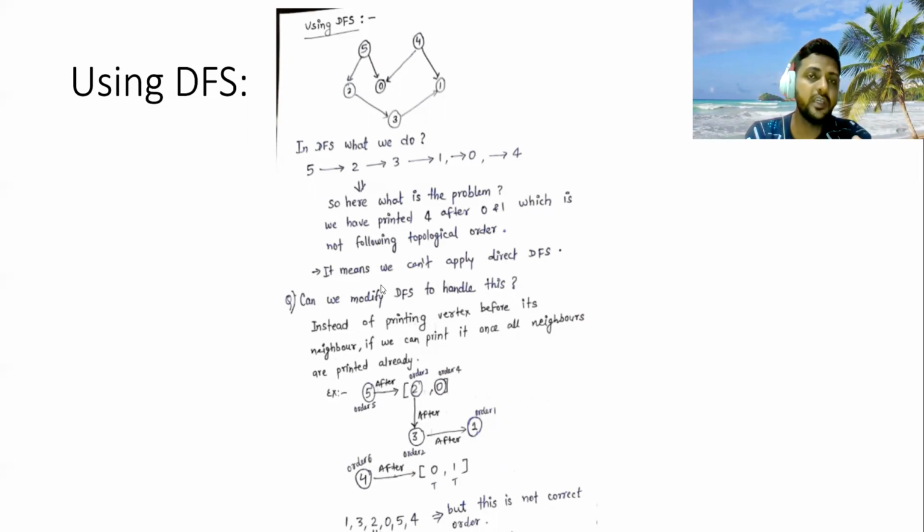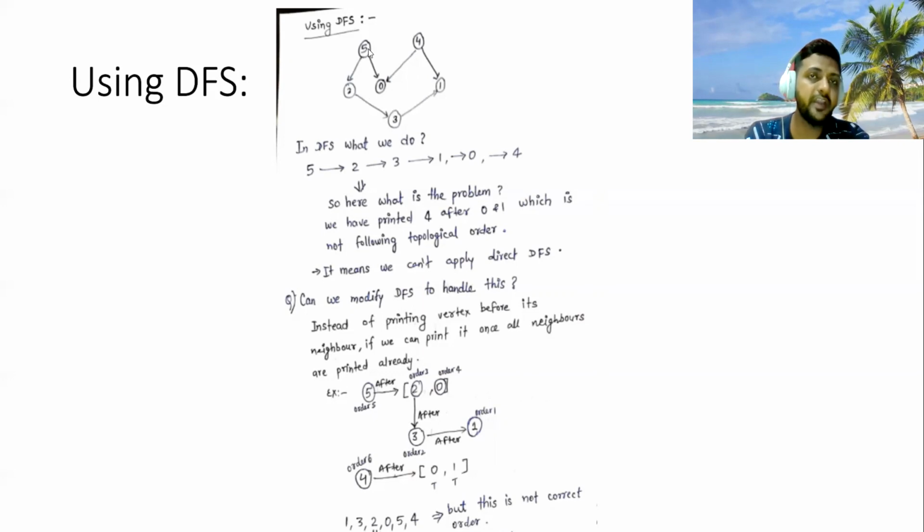So here in the DFS, we printed the node at the time of inserting into the stack. When you go from 5 to 2, you print 5 first and mark 5 as visited.